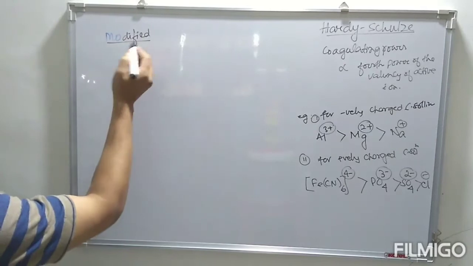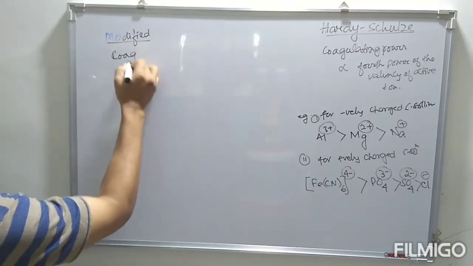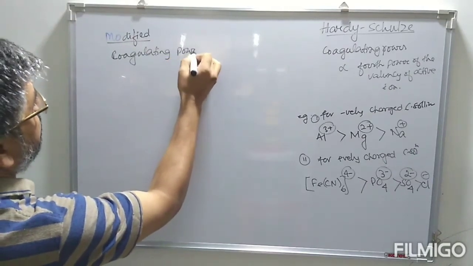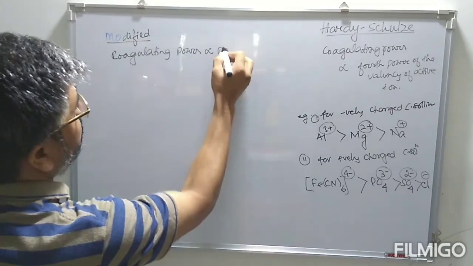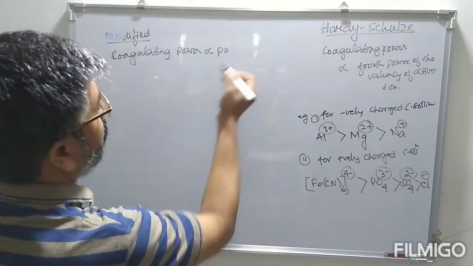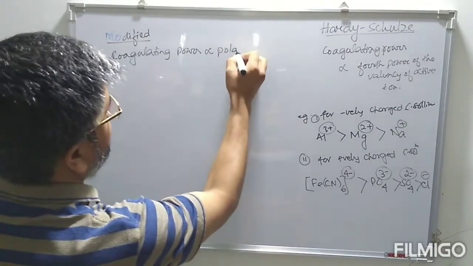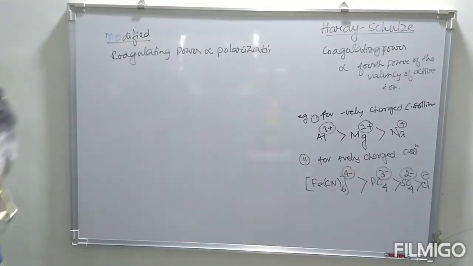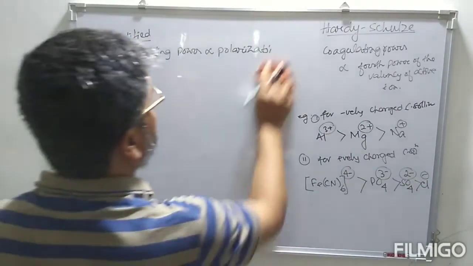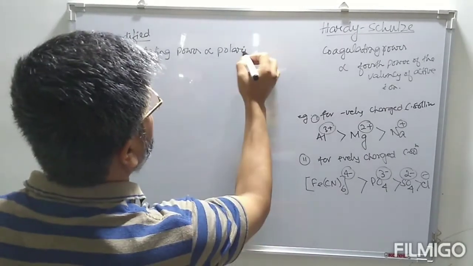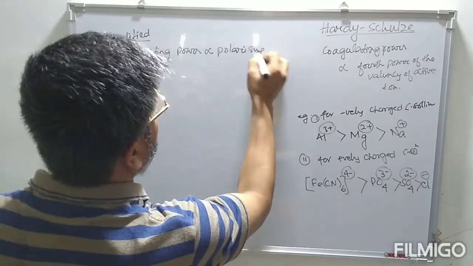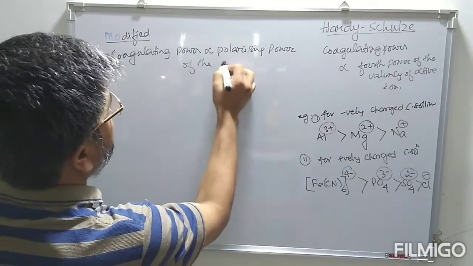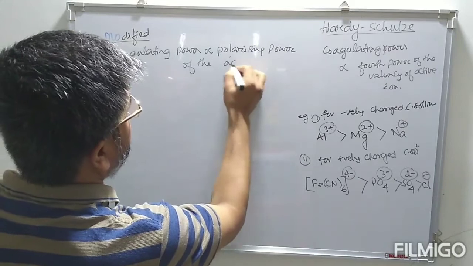Coagulating power is directly proportional to the polarizing power of the active ion.